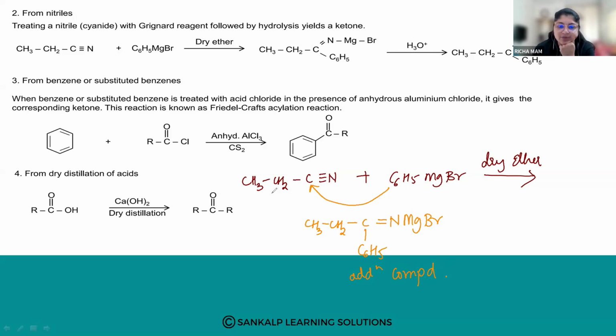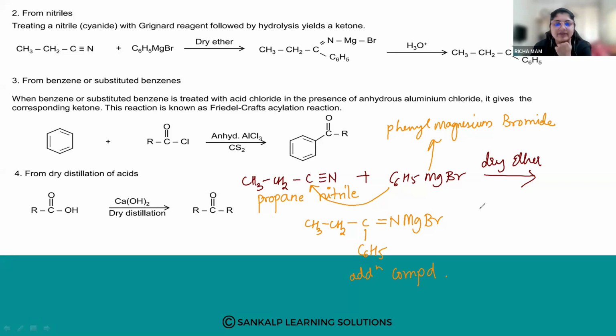What is the name of this compound? The starting reactant is propane nitrile, and this is phenyl magnesium bromide.